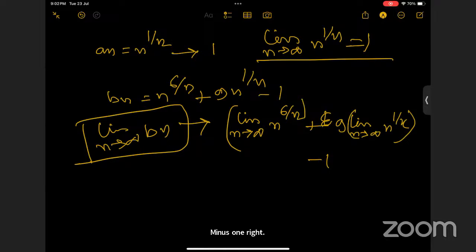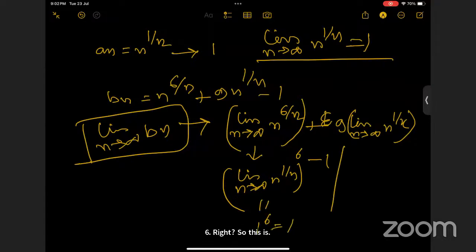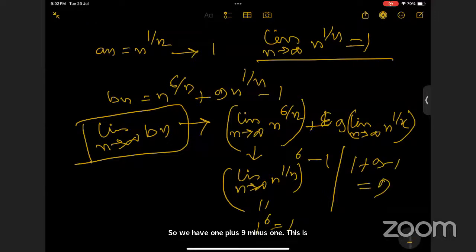What about this value? 1 power 6. We can write it as limit n tends to infinity of n power 1 by n, all to the power 6, so this is just 1. So we have 1 plus 9 minus 1, which is clearly 9.